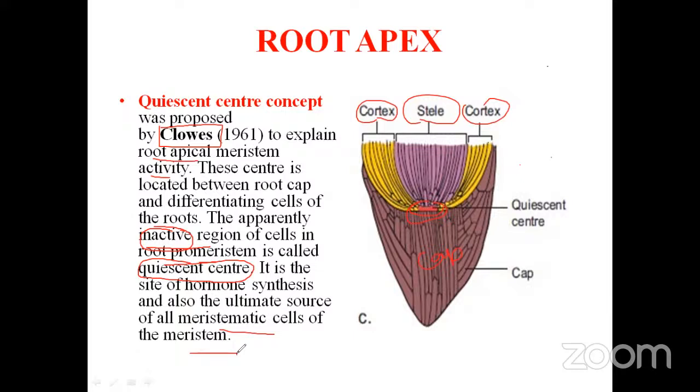He discovered the central cup-like region of inactive cells in this root apex and the name given was quiescent.